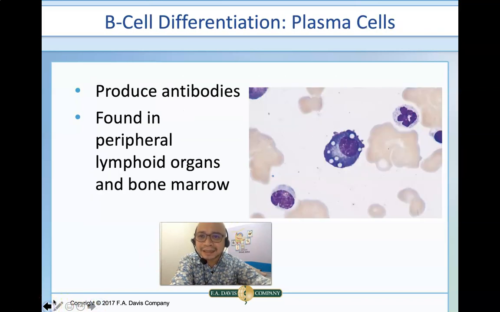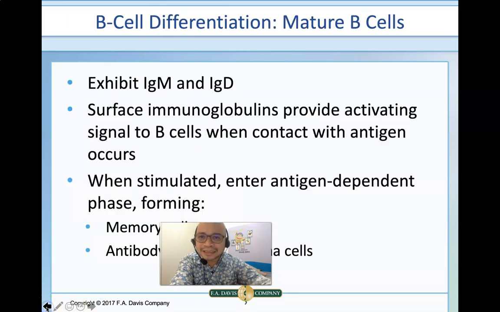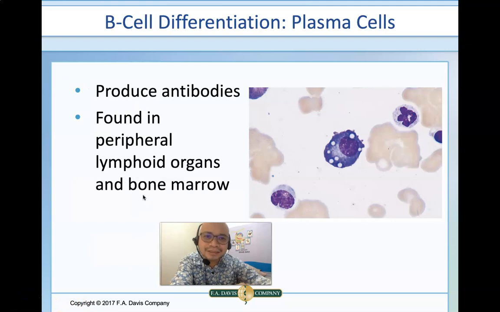And then, so let's discuss now the mature plasma cells. They have the ability to produce antibodies, and they are found in peripheral lymphoid organs and bone marrow.